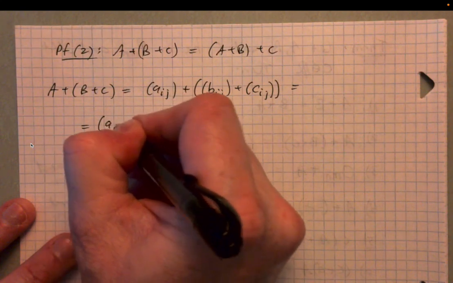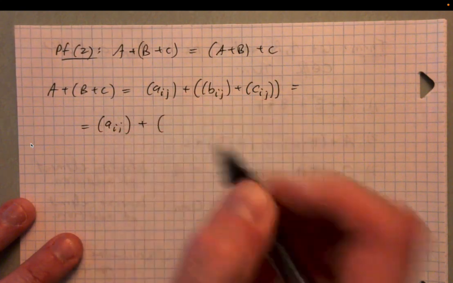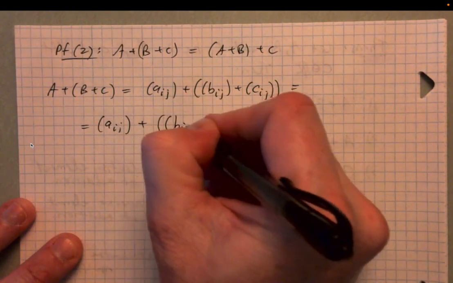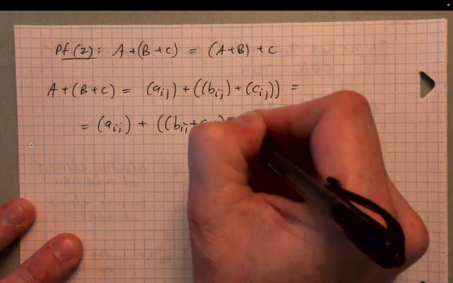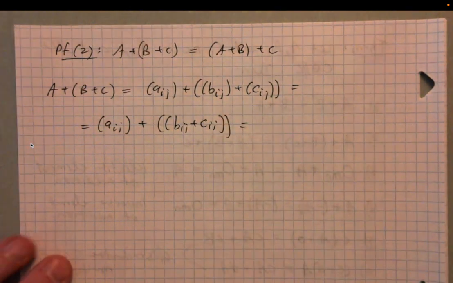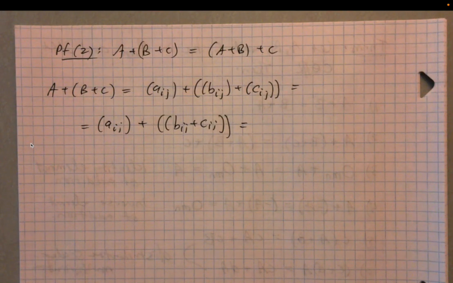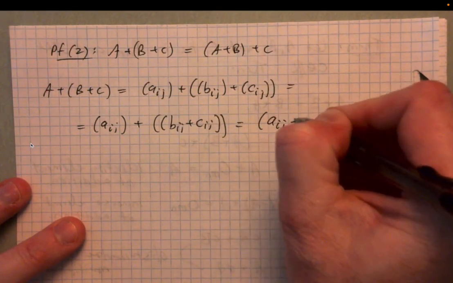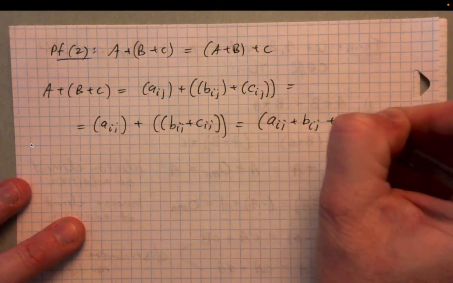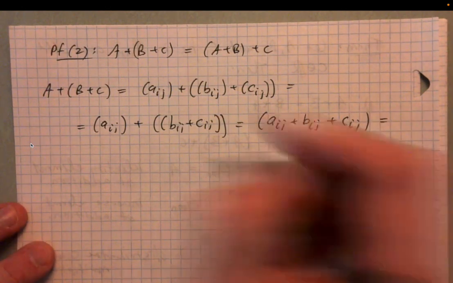And so I have [aij] plus, and then inside I've got [bij plus cij]. Then I add all three together, and I have [aij plus bij plus cij].